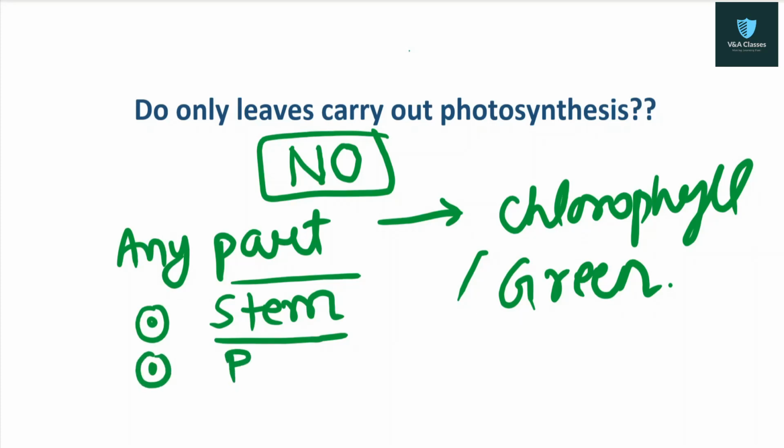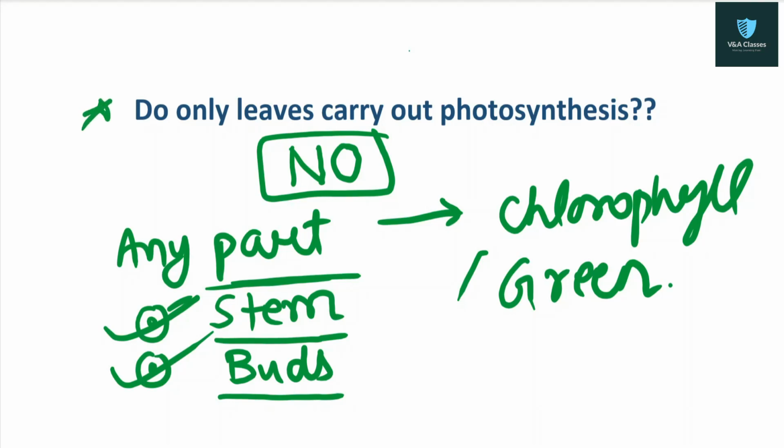You must have seen buds. Just before the flower blossoms, there is a bud that is also green in color. So these parts can also carry out photosynthesis. So any part of the plant which has chlorophyll in it and which is green in color can carry out photosynthesis. With this last question, we finish our topic of photosynthesis.